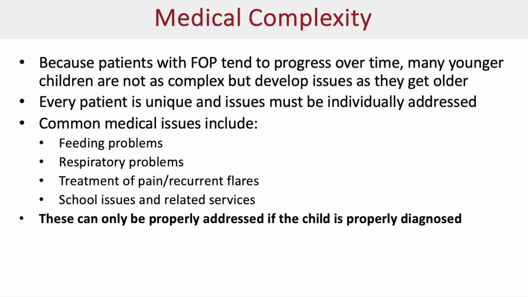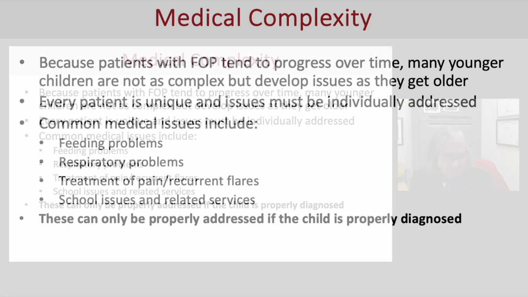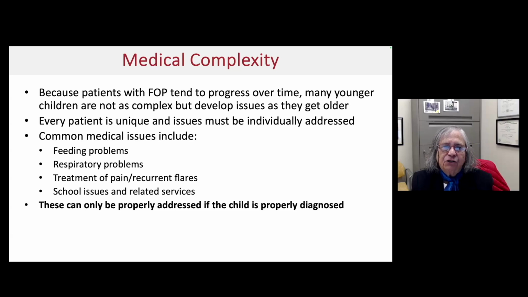Right. I wanted to spend a couple of minutes just describing the medical complexity that one might see in a patient with FOP. And again, as younger children, they can still be quite active. It's important to protect them. I talk about no trampolines, really being protective so that kids can try to limit injuries as much as is reasonably possible.